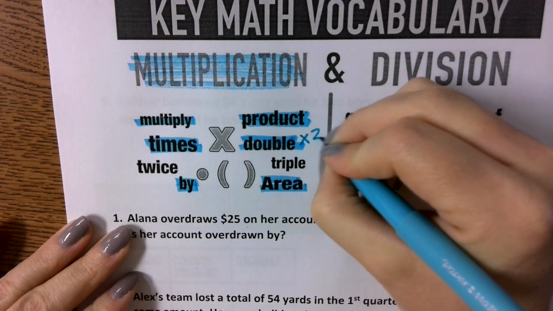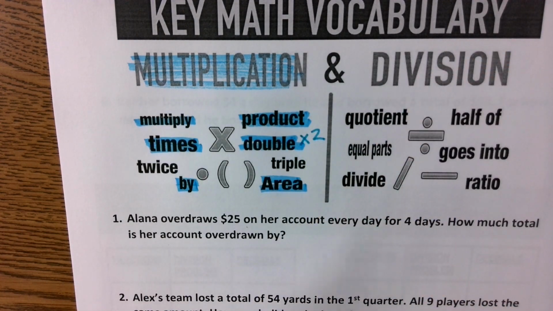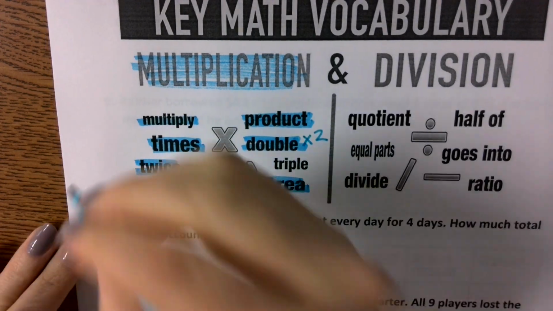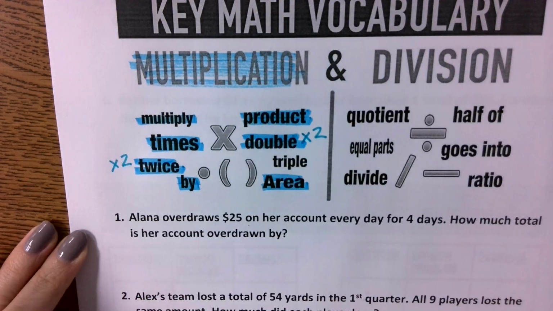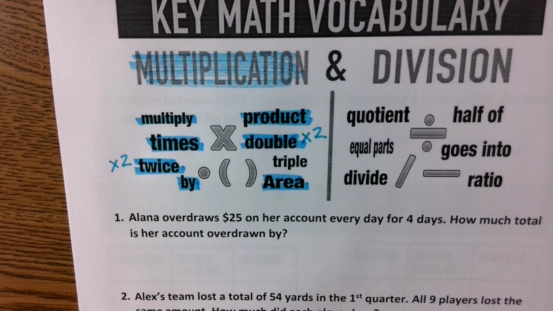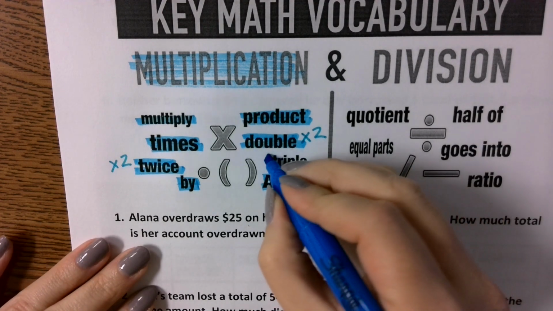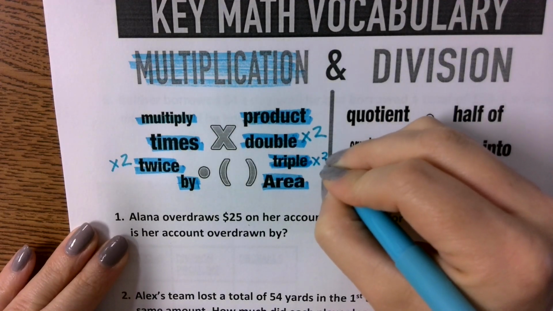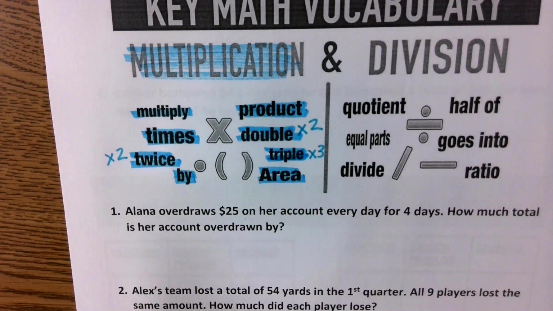Times it by 2. If we say double, and he also said twice, twice also means you're going to multiply by 2. What about triple? What does triple mean we're multiplying by? 3. Triple means you're going to multiply by 3. So those words are very specific numbers that you're multiplying by.